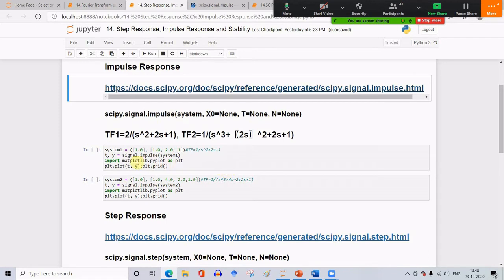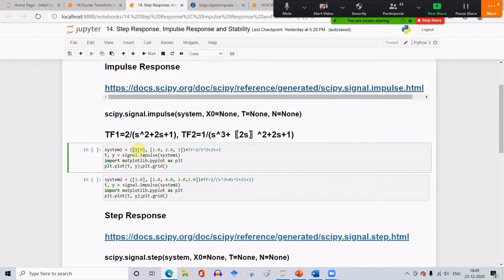So first let me take the transfer function of the system and give the system in the form of a transfer function. The system is defined by numerator and denominator coefficients given as arrays within a tuple. So system 1 is equal to: the first array gives the numerator coefficients and the second one gives the denominator coefficients.